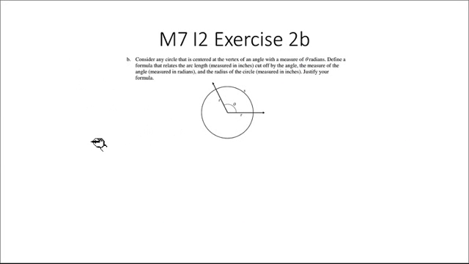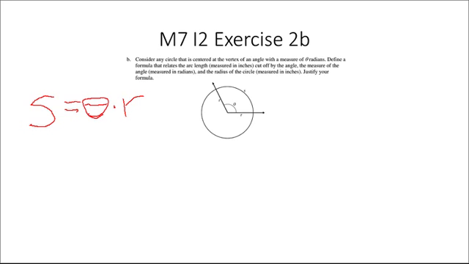Okay, so in 2b, if we use the reasoning we established in part A, that is for any circle, arc length S will be theta in radians times the radius.